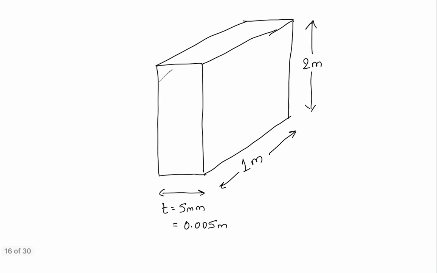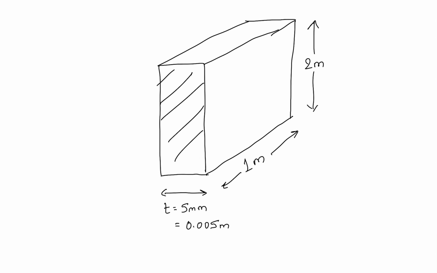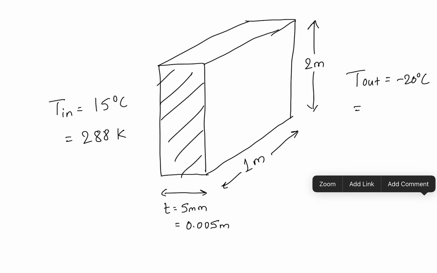We know the inside temperature, which is 15 degrees Celsius, or if we want to convert it into Kelvin, then it will be 273 plus 15, which will be 288 Kelvin, and outside temperature T out is minus 20 degrees Celsius. So that would be 273 minus 20, which is 253 Kelvin.